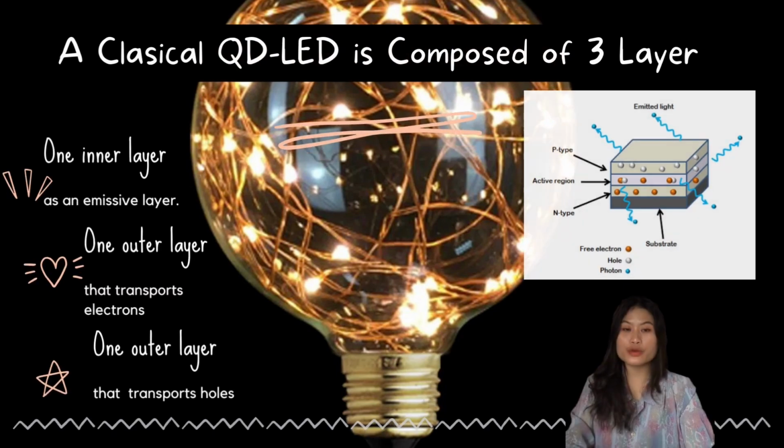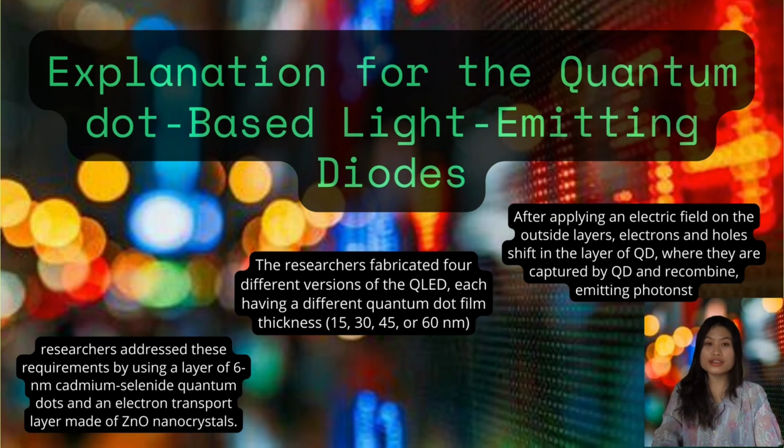A classical QD LED is composed of three layers: one inner layer of QDs as an emissive layer, one outer layer that transports electrons, and one outer layer that transports holes. The researchers addressed this requirement by using a layer of 6 nanometer cadmium selenide quantum dots and an electron transport layer made of zinc oxide nanocrystals.